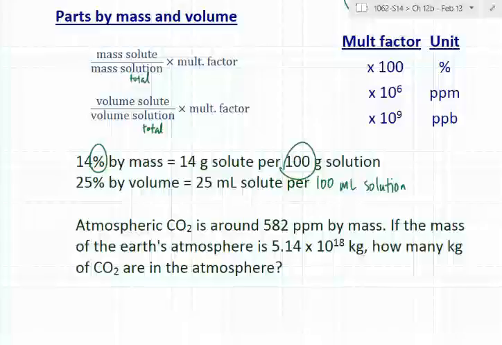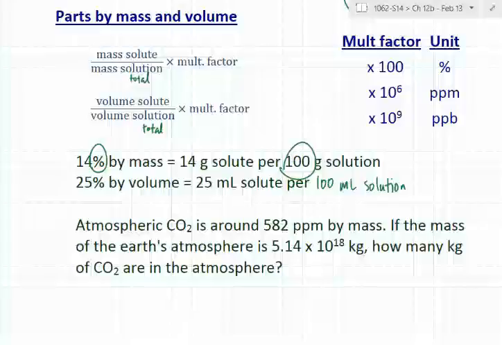The by volume is actually a little more commonly used sometimes, but that's okay. So that's that value. If the mass of the Earth's atmosphere is 5.14 times 10 to the 18 kilograms, that's a weird number to know, but that's the mass of the atmosphere just based on what the atmosphere is made out of. How many kilograms of CO2 are in the atmosphere?